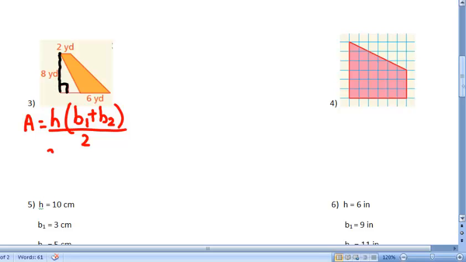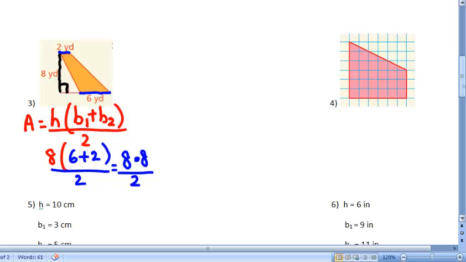So the height is 8 times, the two bases are 6 yards and 2 yards. So 8 times 6 plus 2 divided by 2. Again, order of operations, 8 times 8 divided by 2, which is 64 divided by 2, 32 yard square.